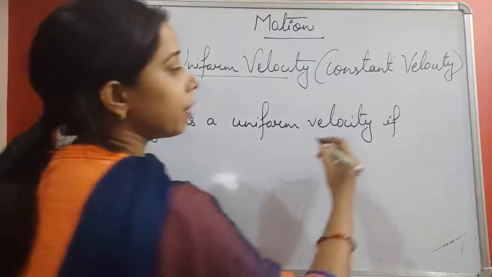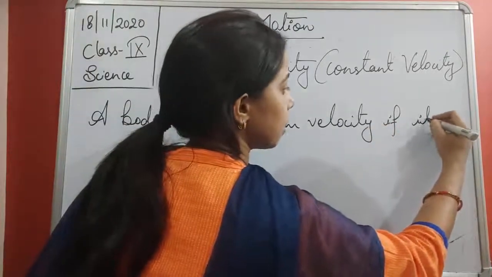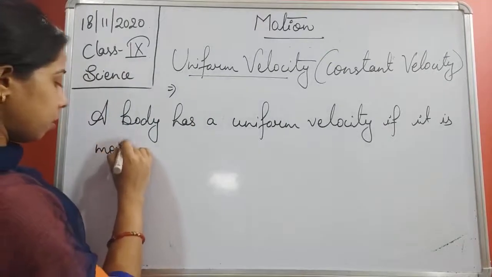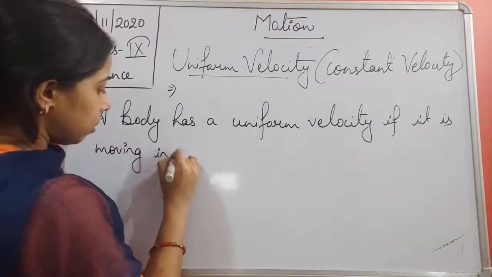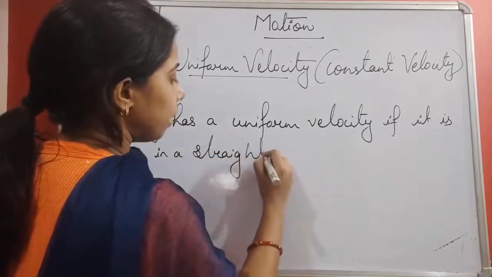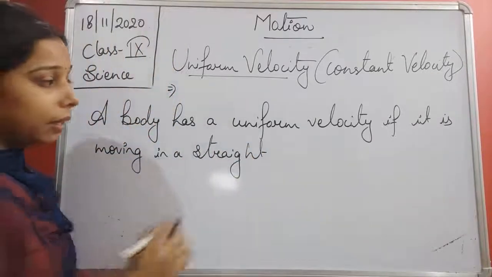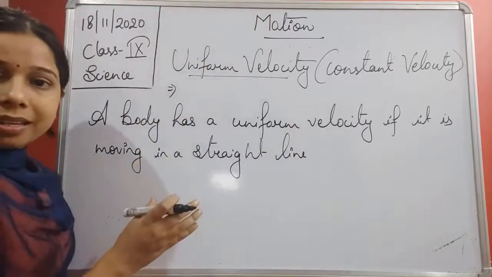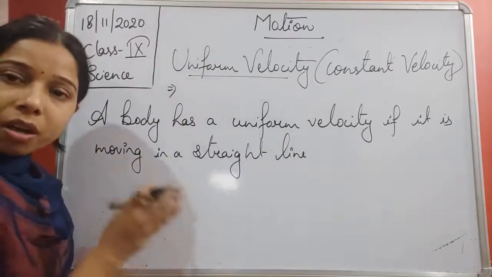So the first thing that we will write is that it is moving in a straight line or in a straight path, and covers equal distance in an equal interval of time.